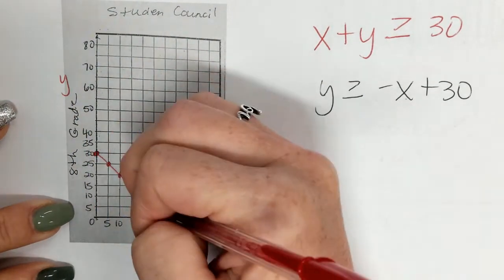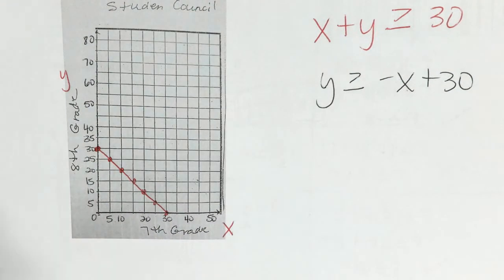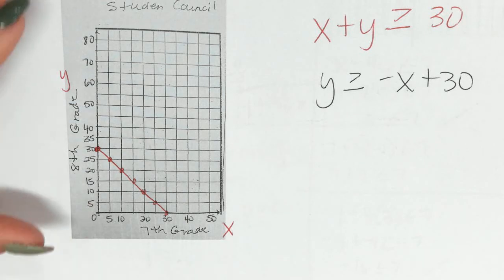Oops. Yes, it's or equal to. Don't do what I just did and start drawing your line before you check to see if it's or equal to. All right, which way would I shade? Above, yes?